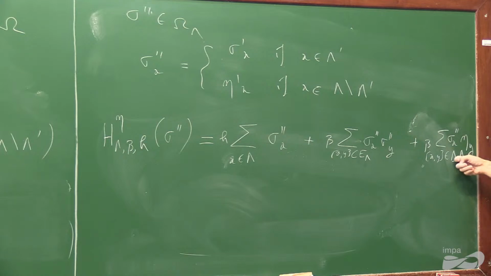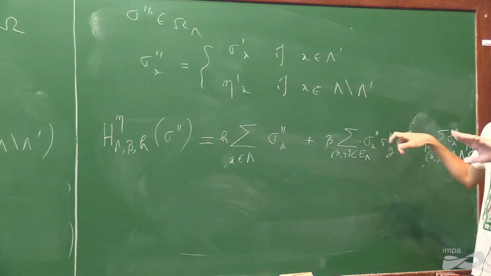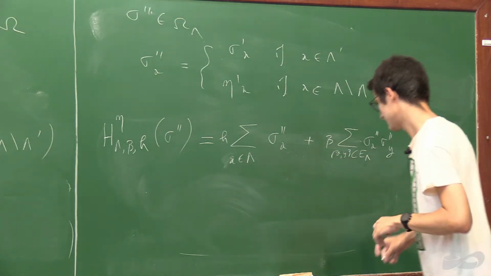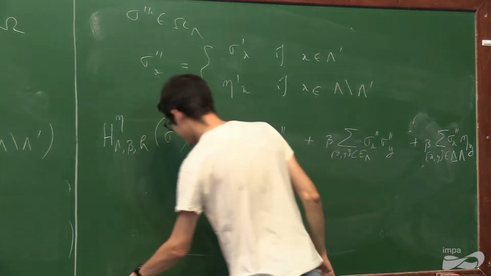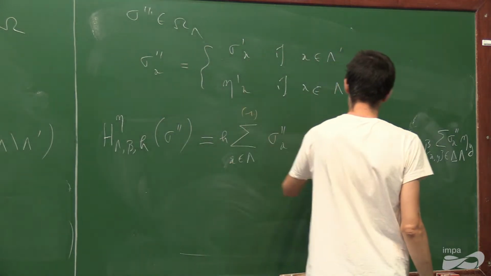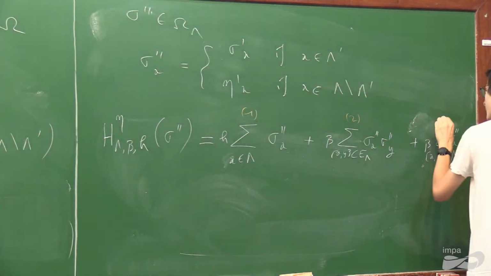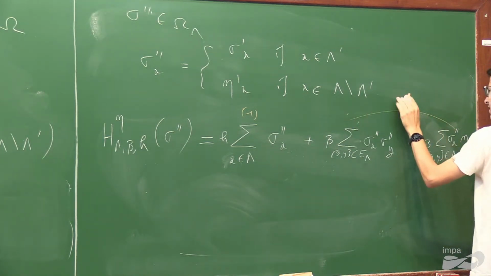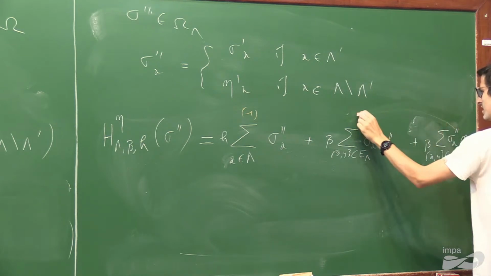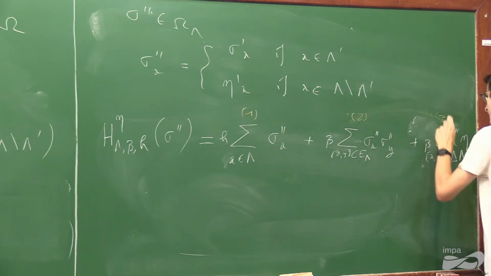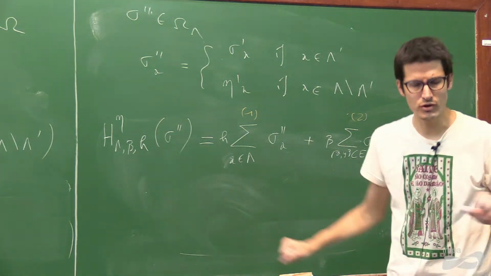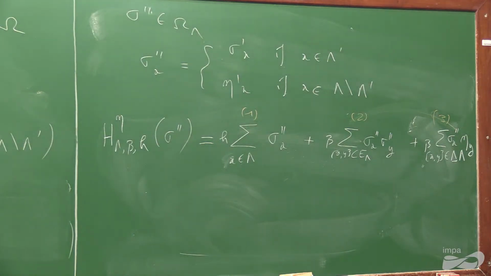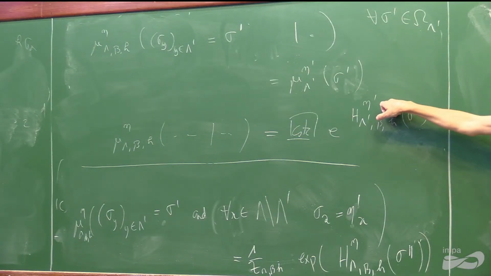This is a boundary term, this is a nearest neighbor interaction in the box, and this is a magnetic field. Let's call these 1, 2 and 3. Basically, what we want to show is that this thing is equal to this thing plus something that does not depend on sigma prime, and then we're done.